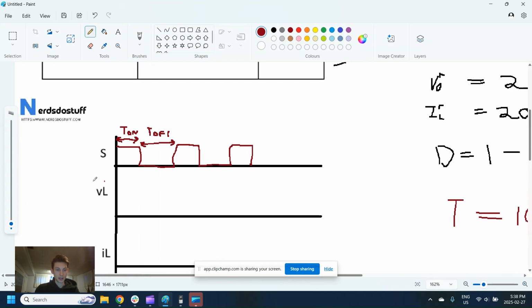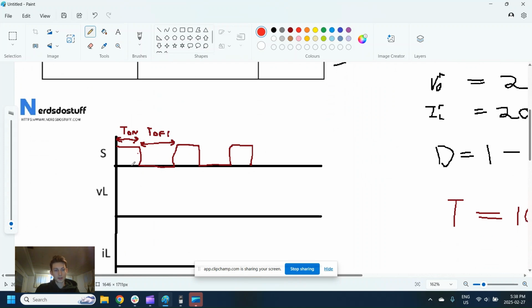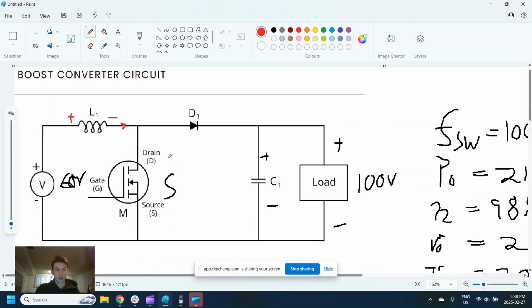So let's start with the voltage across the inductor, and let's look at that. Because it's a passive component, let's do this in a different color. So let's do this in red. Because it's a passive component, we're going to mark it this way, and our current's going to be in this direction. And we're going to start when the switch is on, so the switch is closed. If the switch is closed, that means this is a straight line.